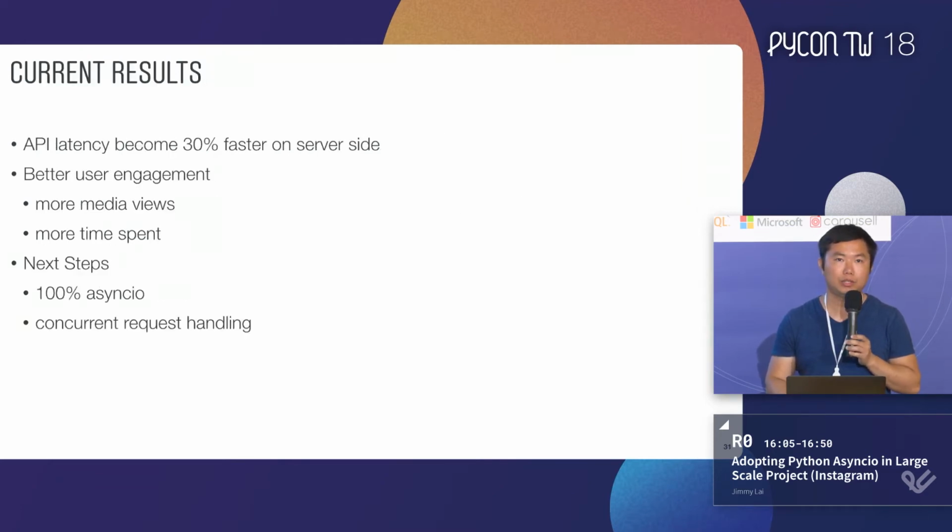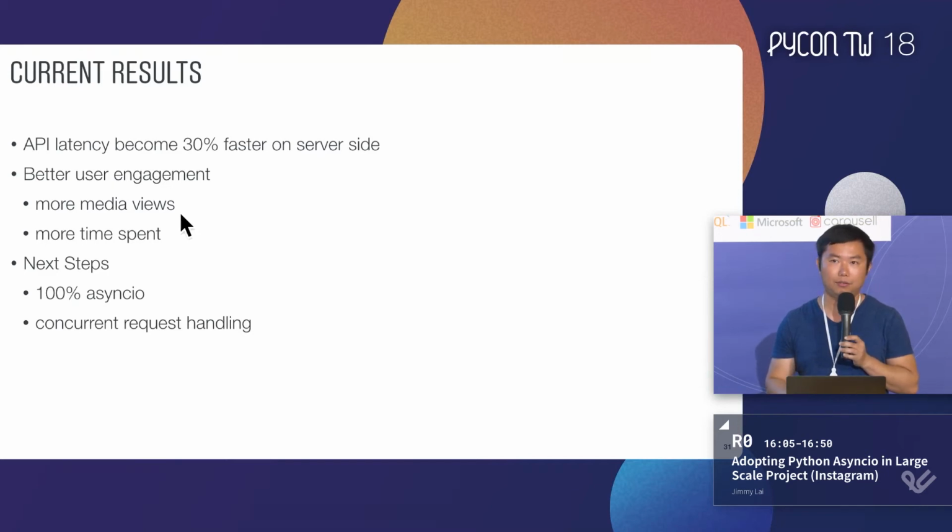So the current result of our async adoption is we continue to move into async IO, and many of our major APIs already have more than 30% latency win on server side. And we do see user engagement improved. Users are trying to see more media, photos, stories with shorter latency.